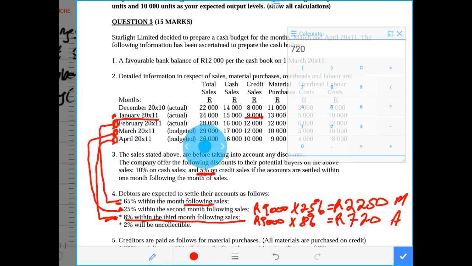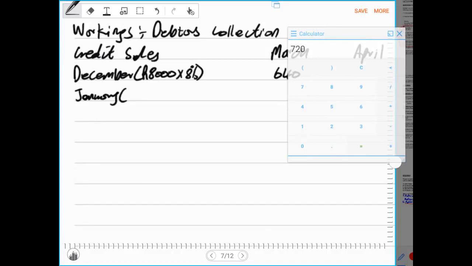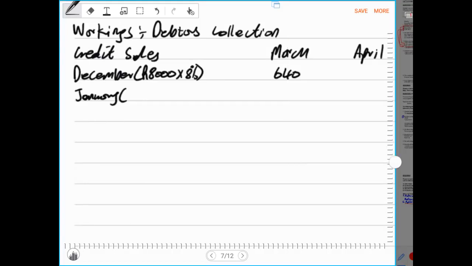So now we go to our workings, we record that, then we say we had 9,000 times by 25%, then after times by 8%. So this is 25% and 8%.